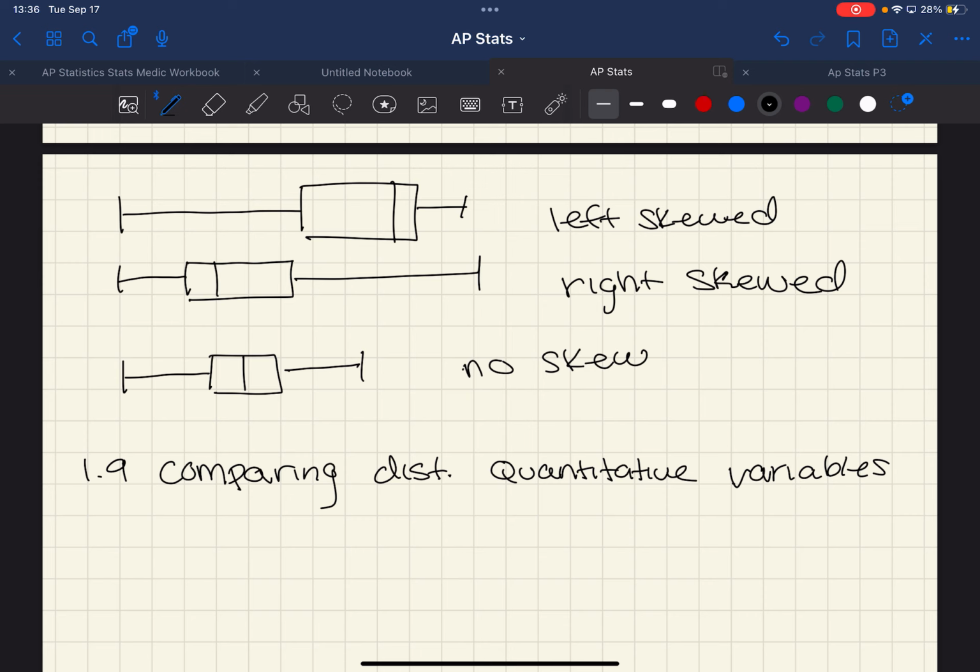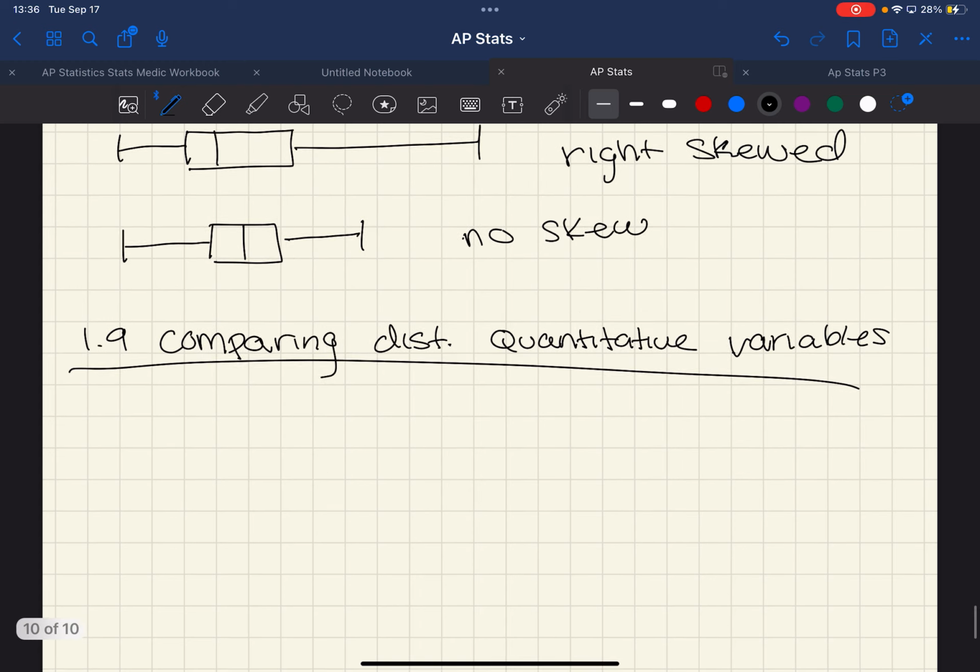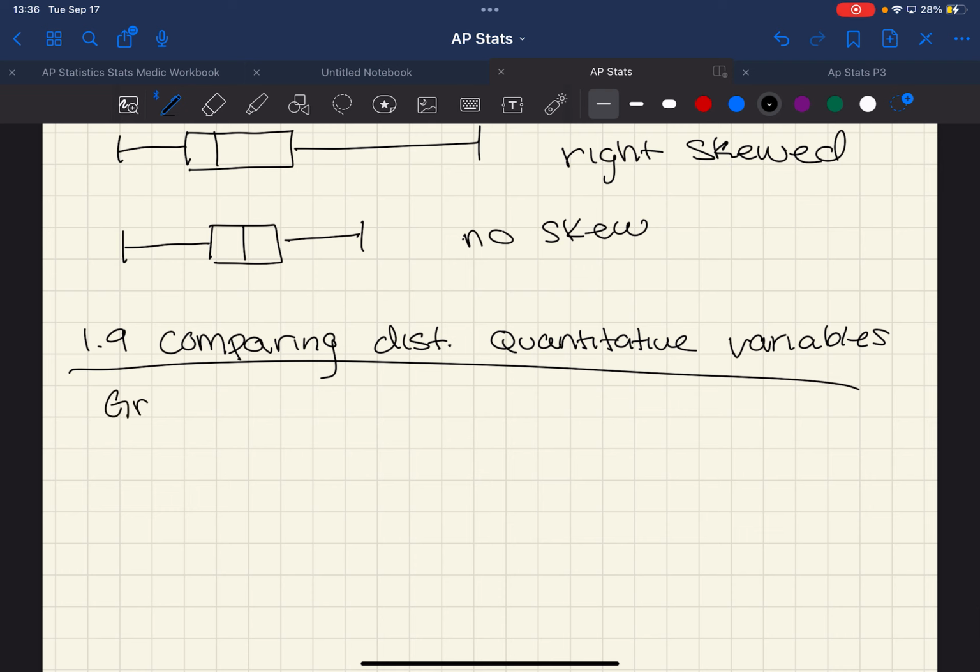So the first example says the weight of two groups of 8 animals, group M and group N, are recorded and the data is shown in stem plots. Use the stem plots to compare the weight of the animals in the two groups. Okay, so I'm going to do group M. Here's the stem plot.